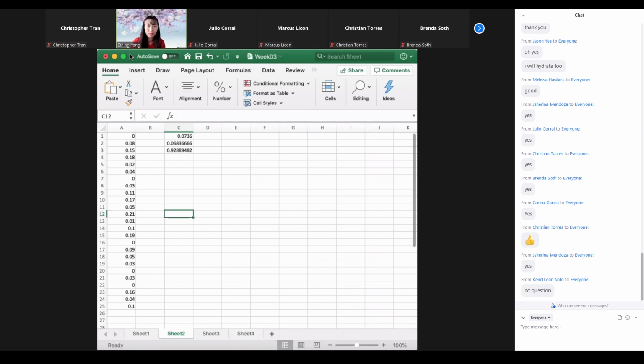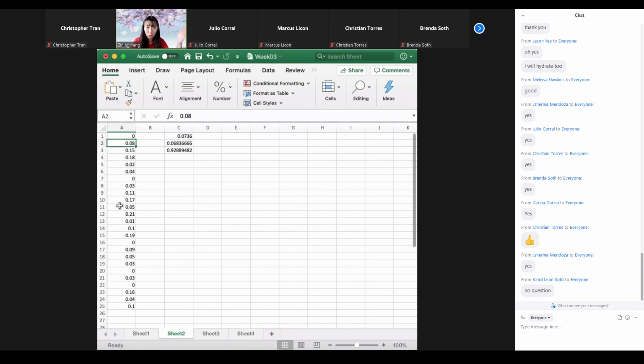If it's 0%, you type 0. If it's 0.08%, you can just type 0.08. If it's 0.15%, you can type 0.15. Just leave the percentage outside your calculation. You can add it back later.